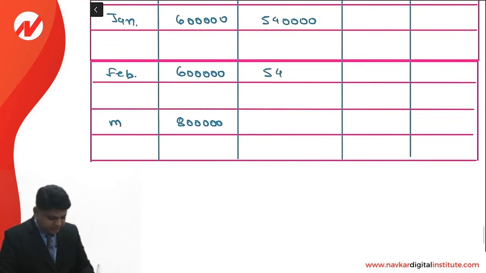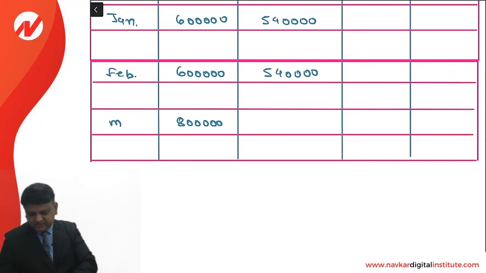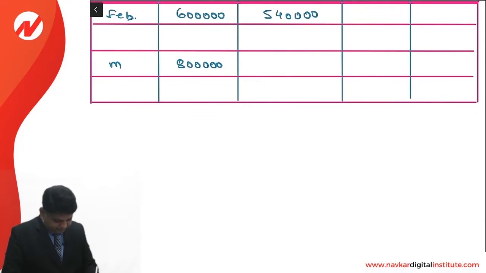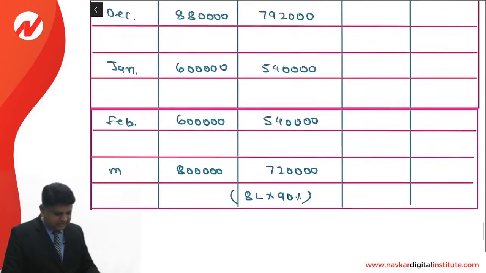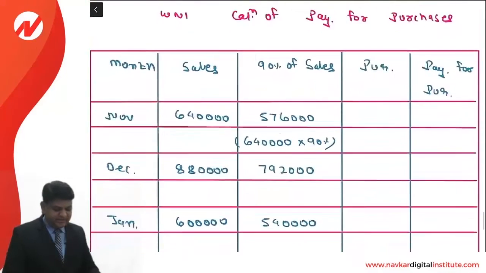Again 5,40,000. 8 lakhs into 90%, 7,20,000. This is the way we make the computation of the 90% of the sales.